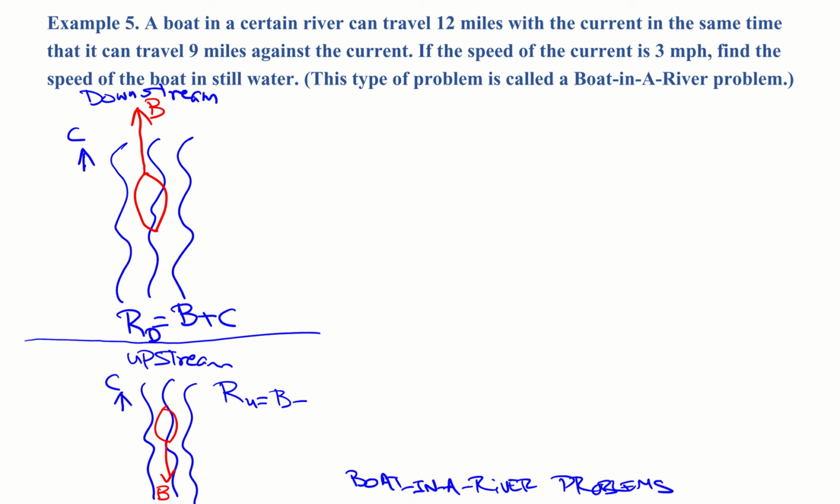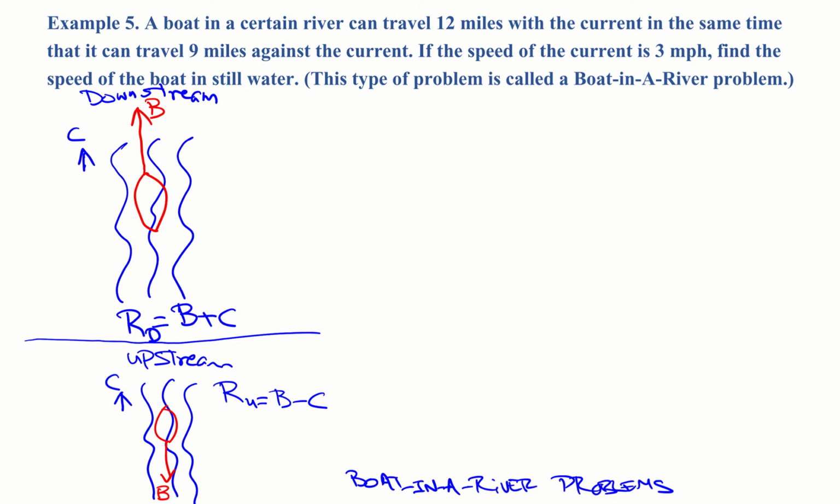That's called upstream. So your speed, your rate, which is the fancy word we use for speed in mathematics, going upstream is going to be whatever your speedometer shows minus the speed of the current, which is fighting against you to slow you down.